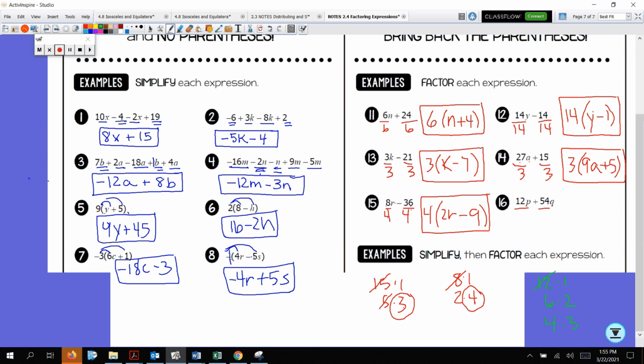I'm not sure. 6 is going to be our GCF here. I have to go back to red. Sorry, green shows up better in the blue. All right, so we're going to divide by 6. We're going to write that 6 out front of our set of parentheses. 12p divided by 6 is 2p. 54q divided by 6 is 9q.